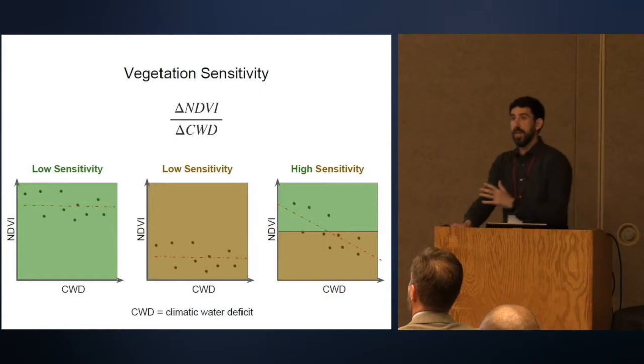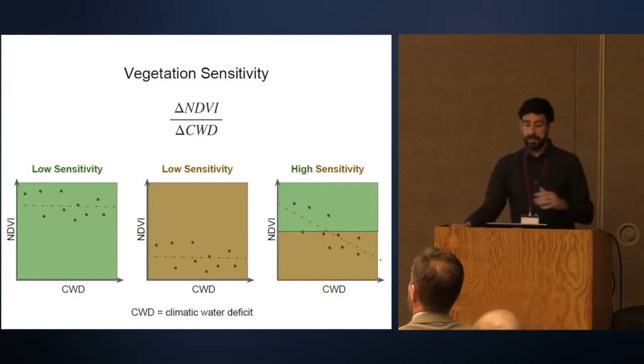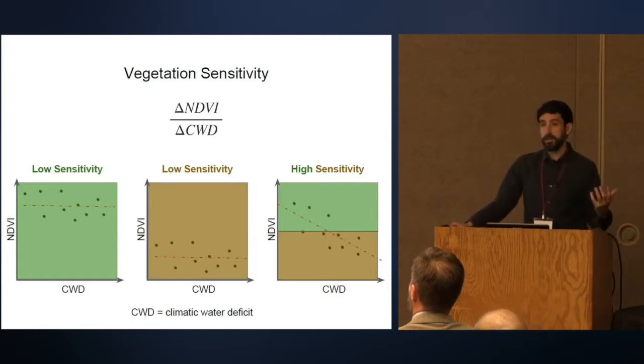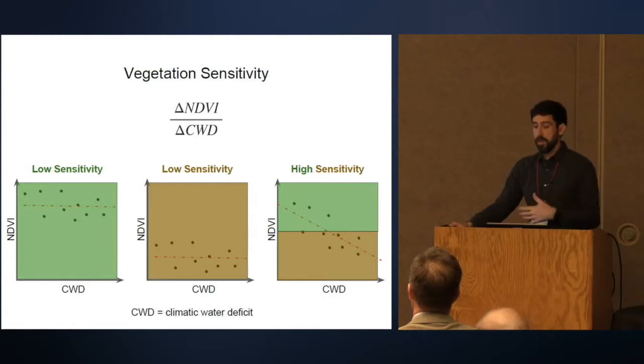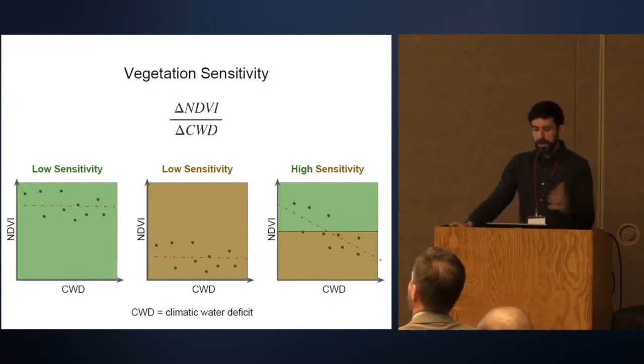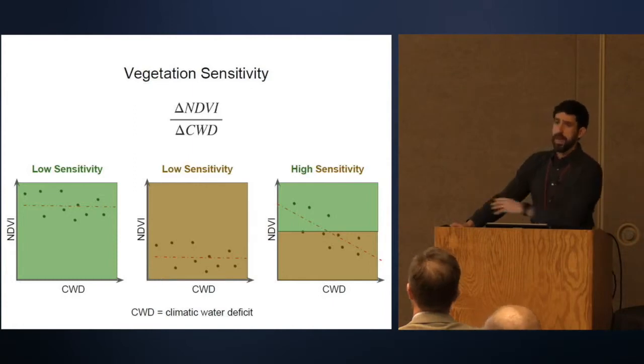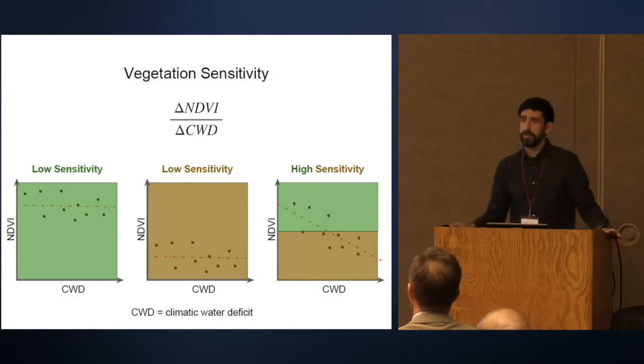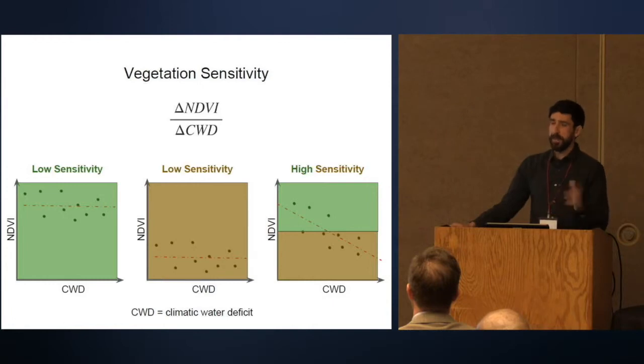So it's this other case here that we're most interested in, and this is the case where there's a strong relationship between NDVI and water. And I should say the x-axis here, I'm going to talk more about this, is the climatic water deficit. Before we were using precipitation, we're using a different metric I'm going to go into in a second. But essentially just think about it as a drought metric for now.